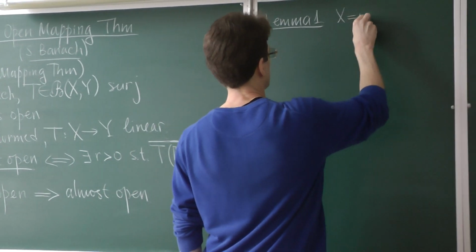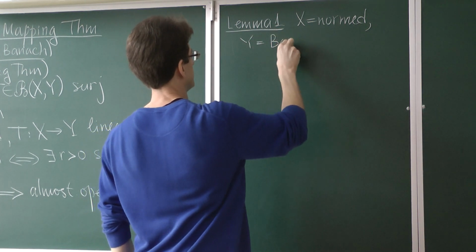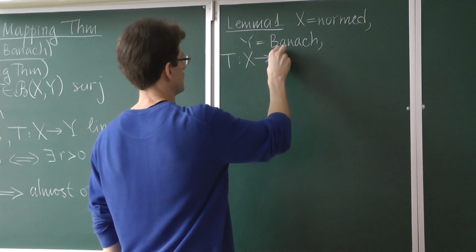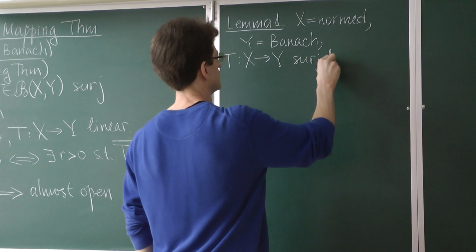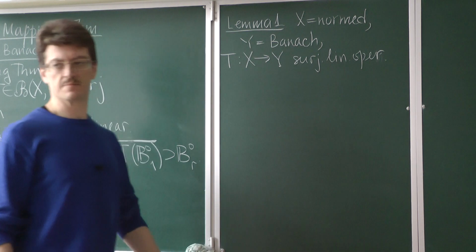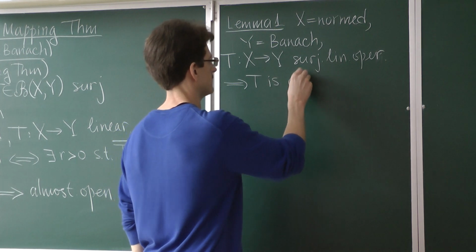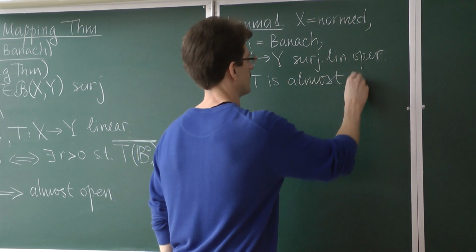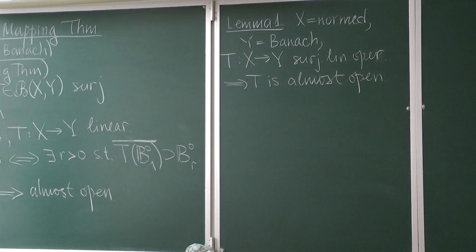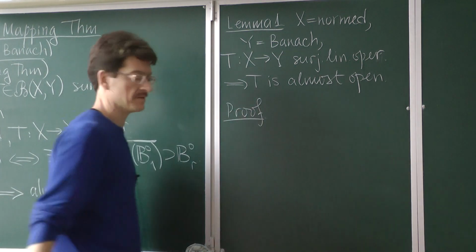Suppose that X is a normed space and Y is a Banach space, and T is a surjective linear operator from X onto Y. Then T is almost open. The proof takes less than a line.